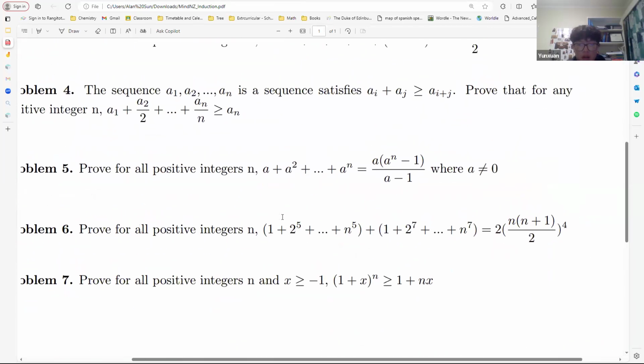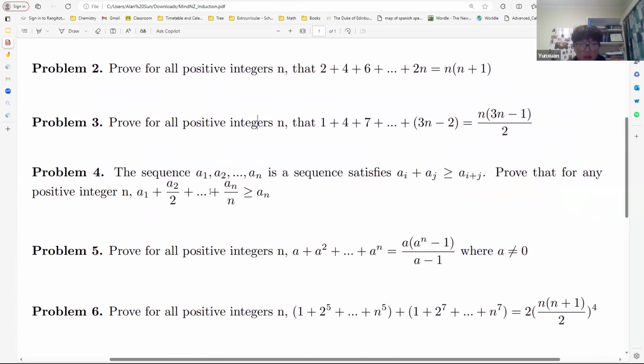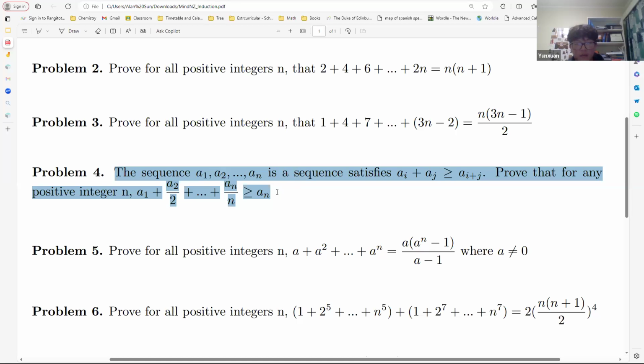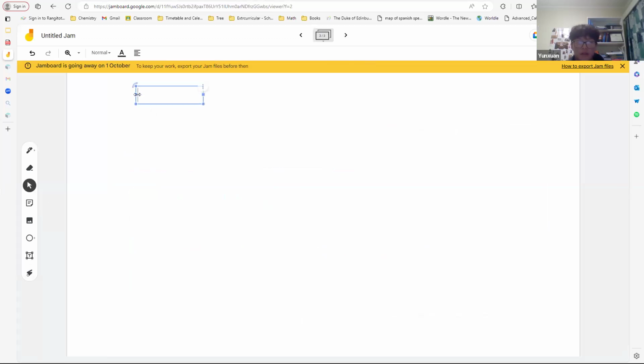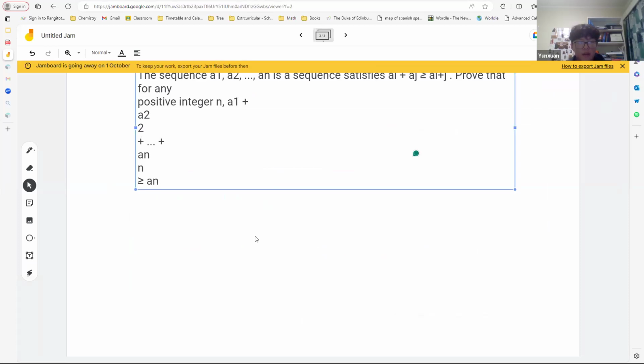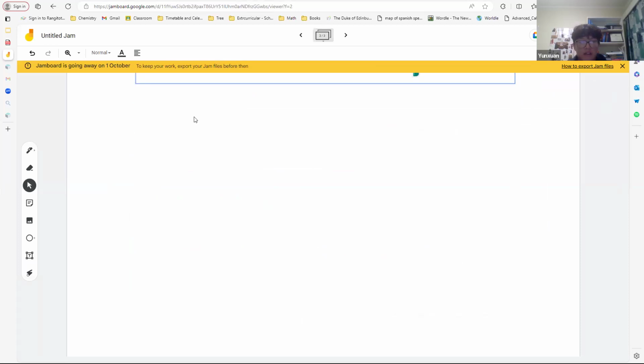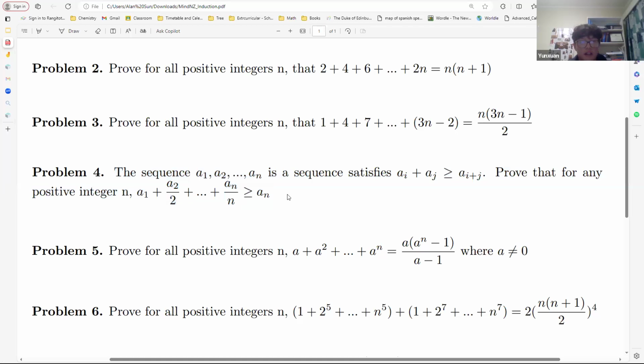And then now let's do problem 4 since we have plenty of time. So I think this problem might be a bit hard for the handout, but it's a fun problem. Let's just look at it on the handout.